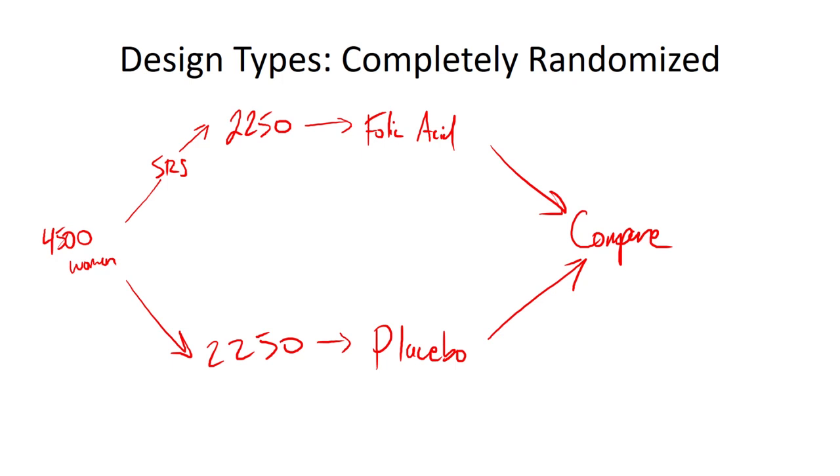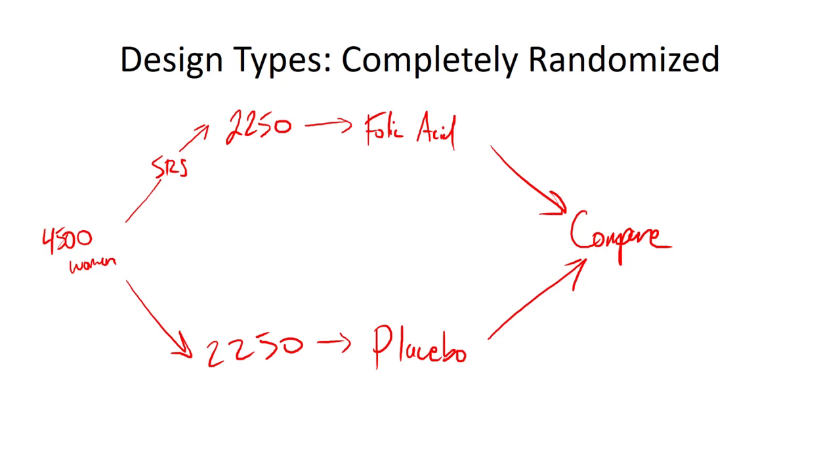A simple random sample does a good job because we came up with some lurking variables in the folic acid study, things like genetics or other things that might affect the birth defect rates. But if you use a simple random sample, there's a high likelihood that people from all the different categories are going to end up in both groups. That's why random sampling is nice.